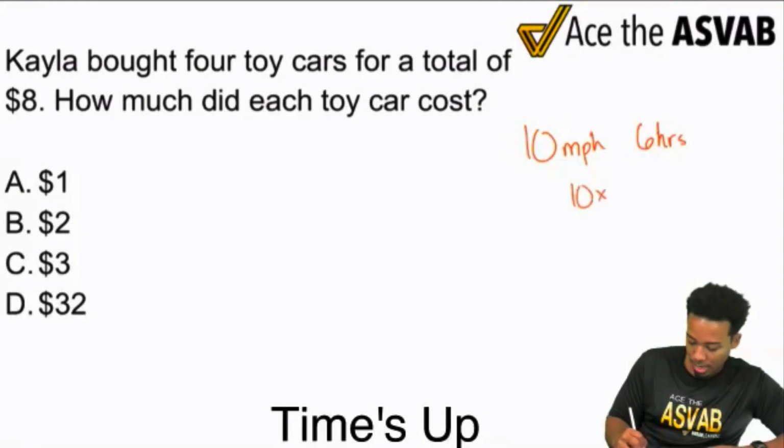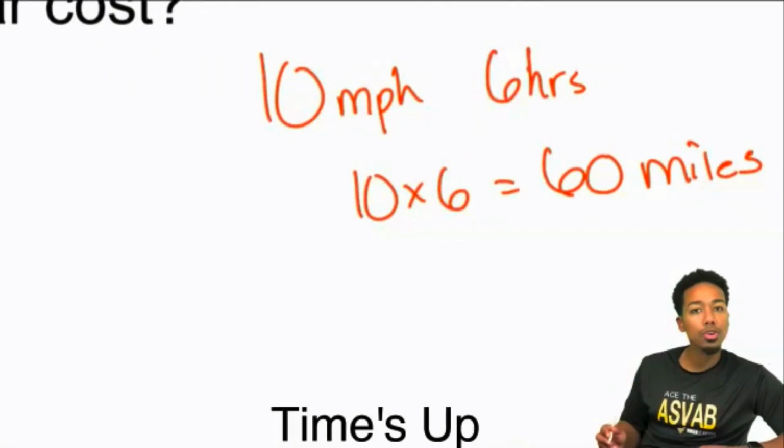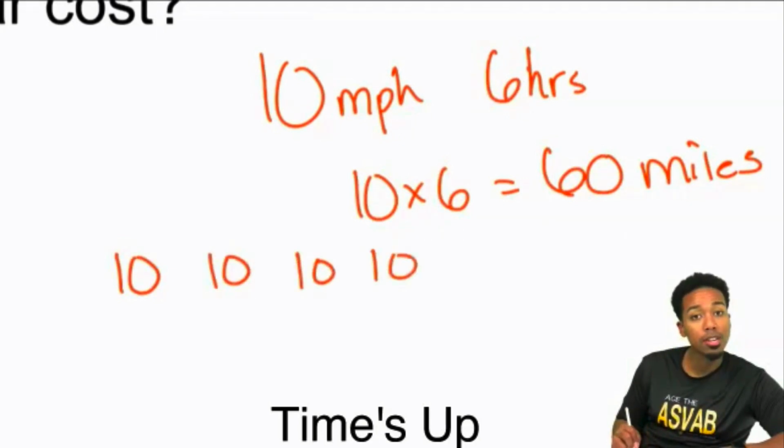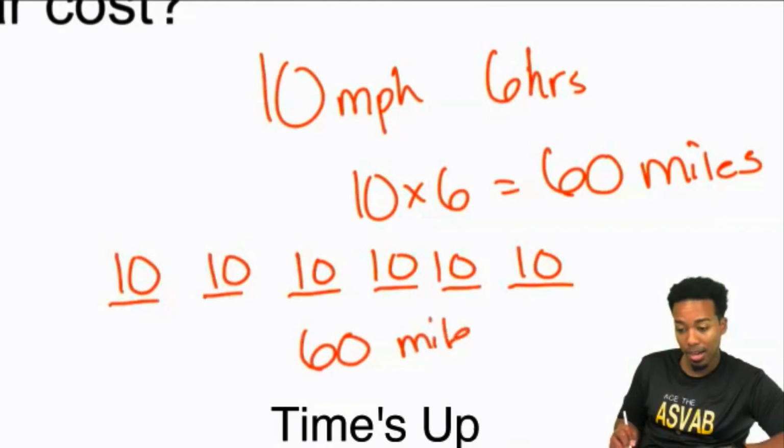If we do 10 times 6, that's the answer. But another way that you could represent this would be 10 miles for the first hour, 10 for the second, 10 for the third, 10 for the fourth, 10 for the fifth, and 10 for the sixth hour. So 10 plus 10 plus 10 plus 10 plus 10 plus 10, 60 miles.